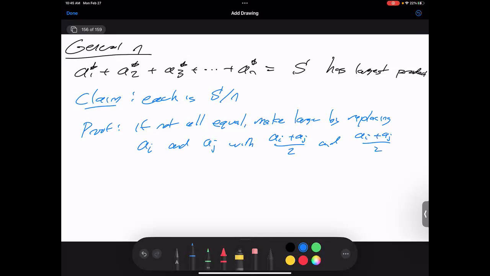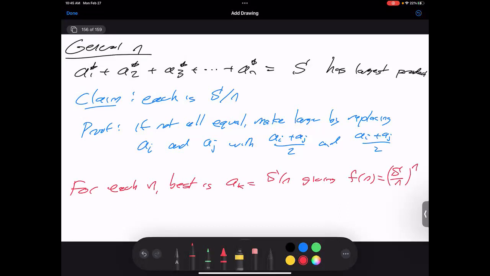So this is where I need the result from real analysis, that there is a maximum. So we now get, for each N, the best is A_k equals S over N, giving F of N is (S over N) to the N power.